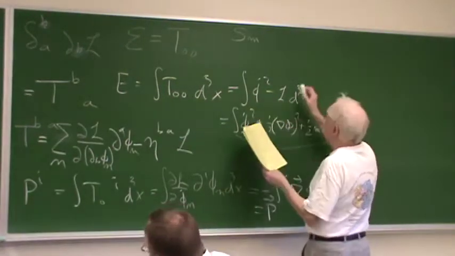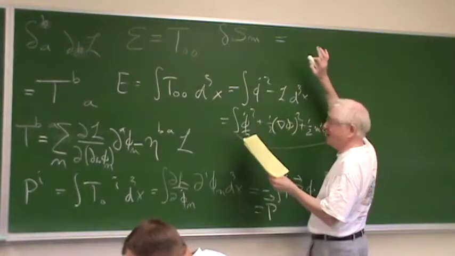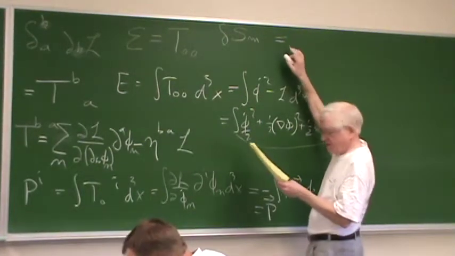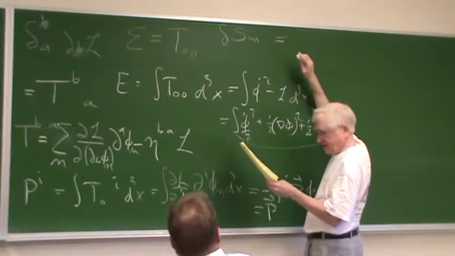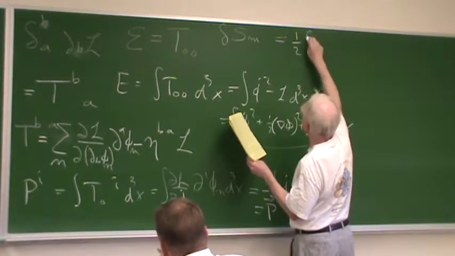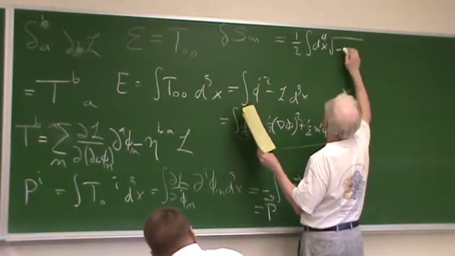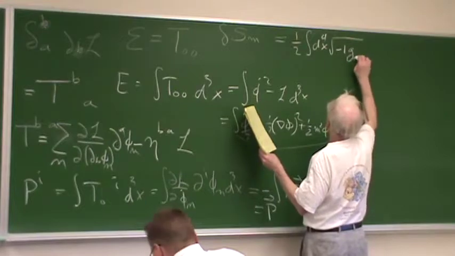Okay. And so what you do is you then write the change in the matter action. So you have to know what the matter action is. And then you express this as a half integral d4x square root of minus the determinant of g mu nu.